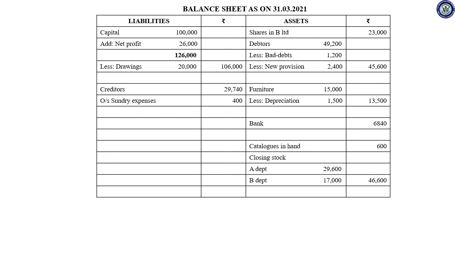Then the closing stock: A department 29,600, B department 70,000, total 46,600. Now you do the total, and your balance sheet will tally. Your balance sheet tallies.